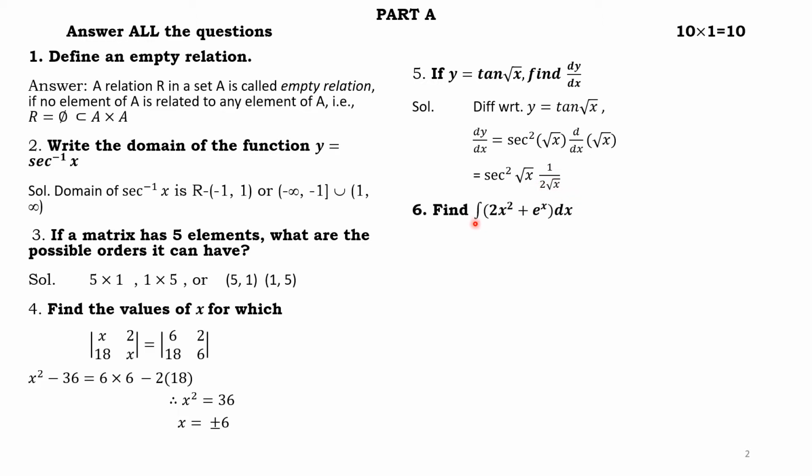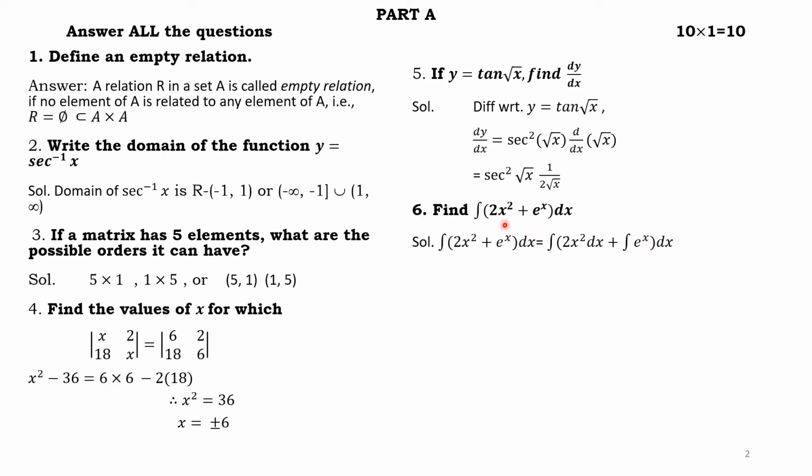Question number 6. Find integral of (2x square plus e to the power of x) dx. Taking the integral, we get integral of 2x square plus e to the power of x dx is equal to integral of 2x square plus integral of e to the power of x dx.